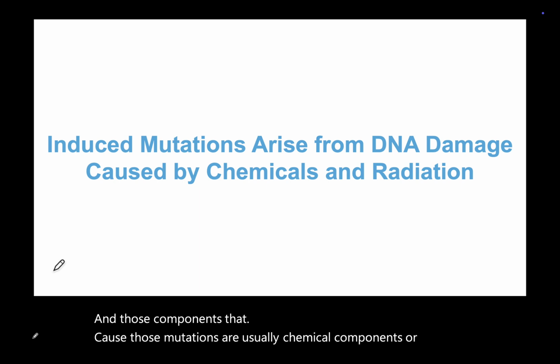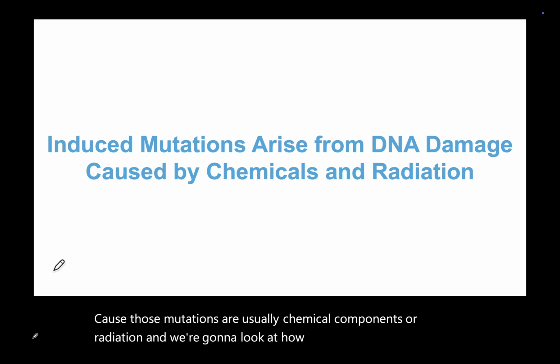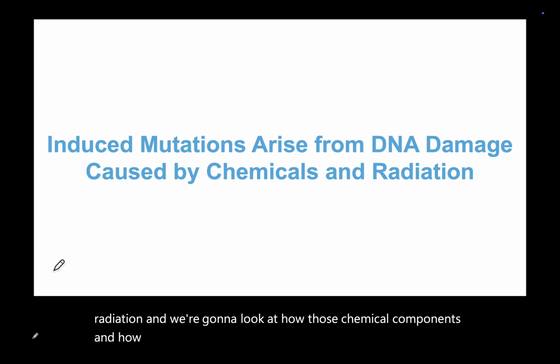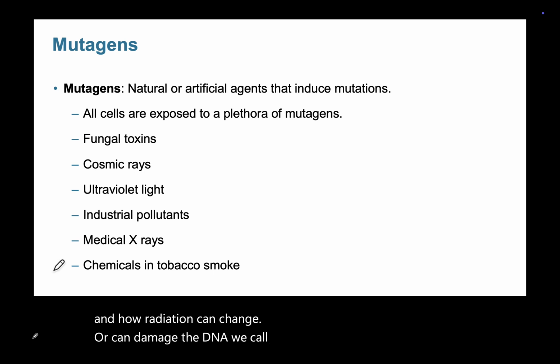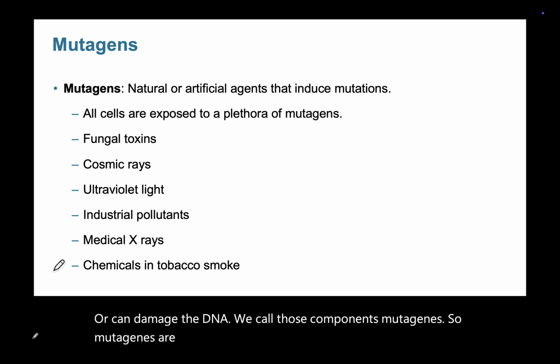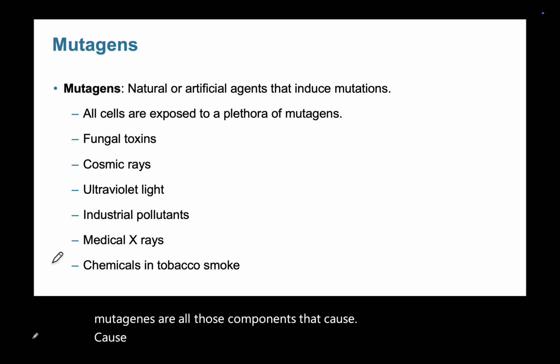And we are going to look at how those chemical components and how radiation can change or damage the DNA. We call those components mutagens. So mutagens are all those components that induce mutations in the DNA.